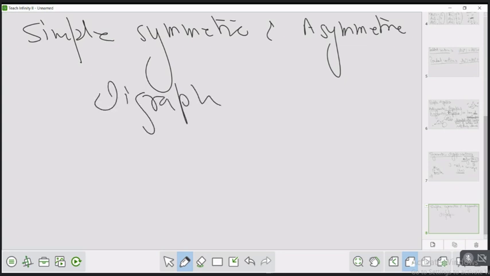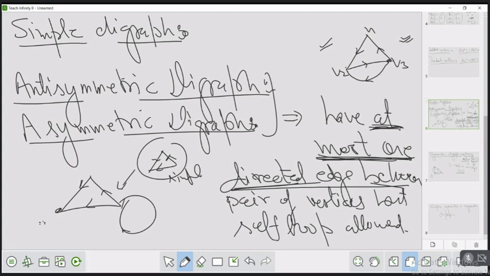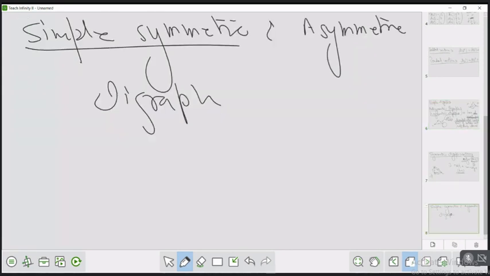Because you already know that a simple graph need not be antisymmetric, and it is not necessary that an antisymmetric graph is a simple graph. So we can define both simple symmetric and simple asymmetric diagrams. These are specific.